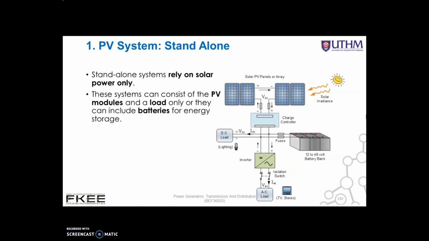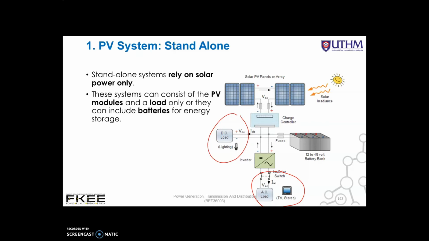Standalone photovoltaic systems are designed to operate independent of the electric utility grid and are generally designed and sized to supply certain DC and or AC electrical loads. As you can see here, these solar PV panels or array will supply the electricity for the DC load, and also the AC load.